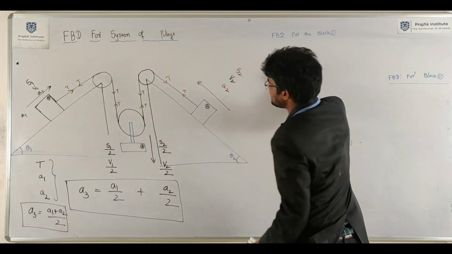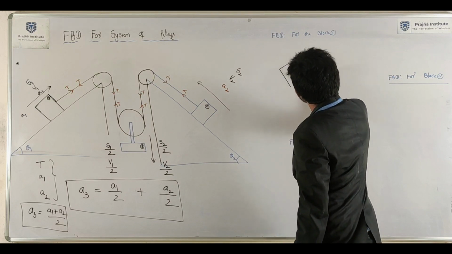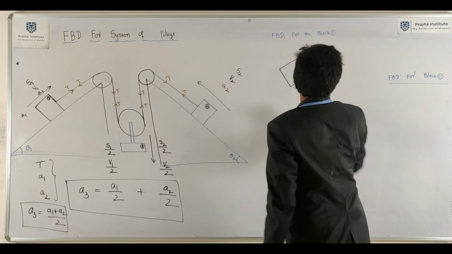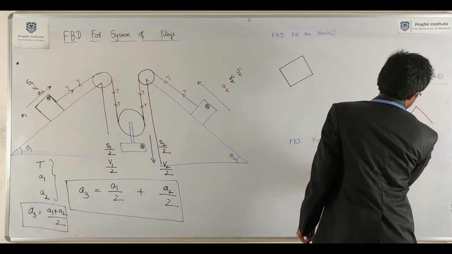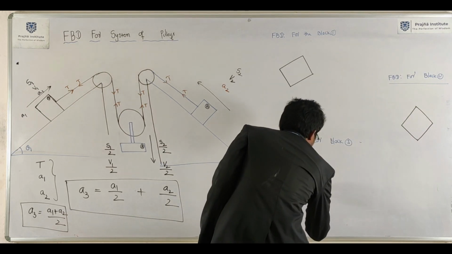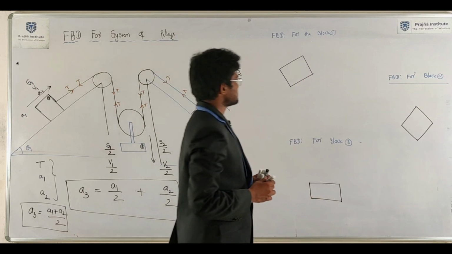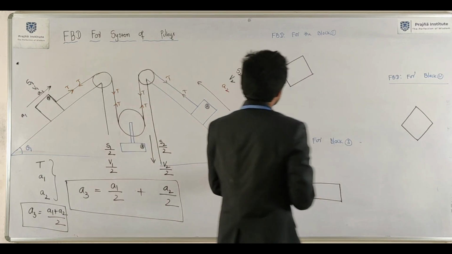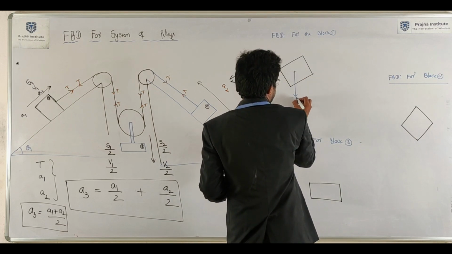Now, step by step. What is the first statement? Weight always acts vertically downward.